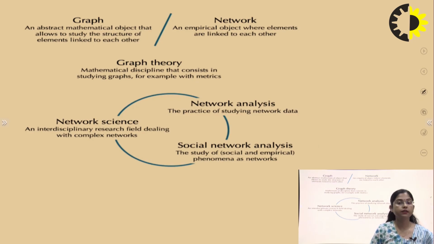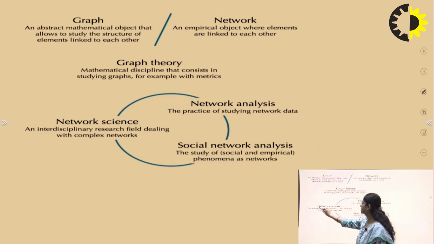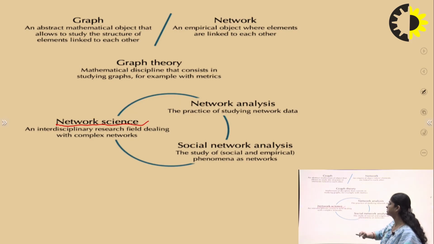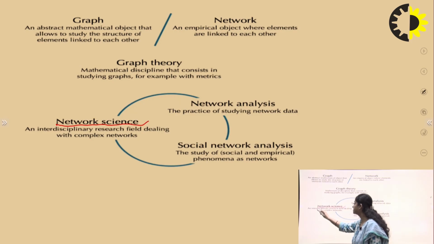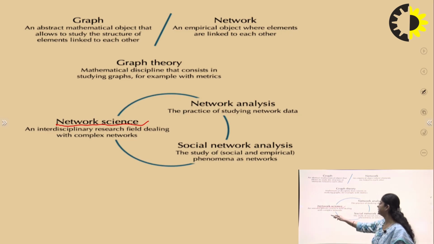Now it's time to know what graph theory is. A mathematical discipline that consists in studying graphs, for example with matrices. So how they are connected. So what is network science? The term which generally comes in this is network science, an interdisciplinary research field dealing with complex networks.